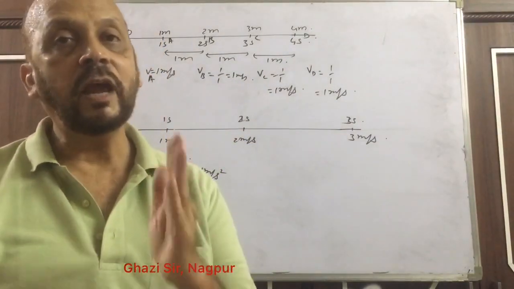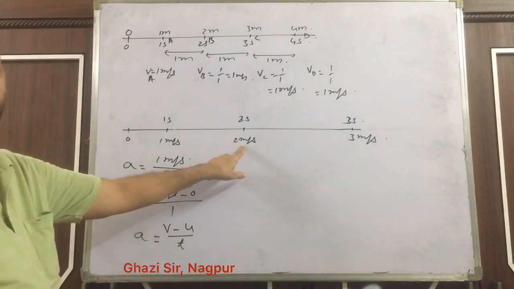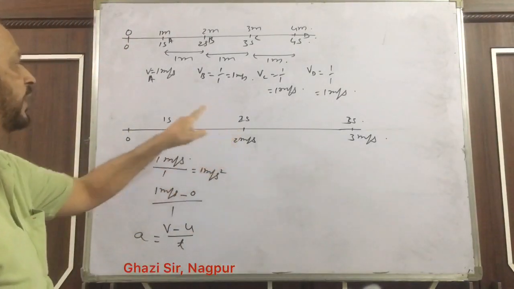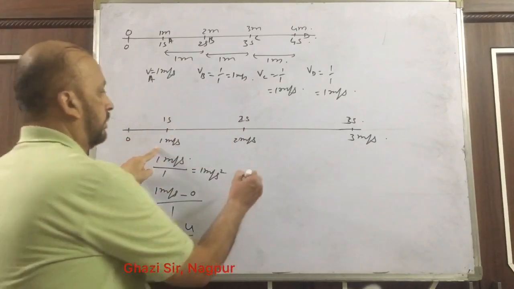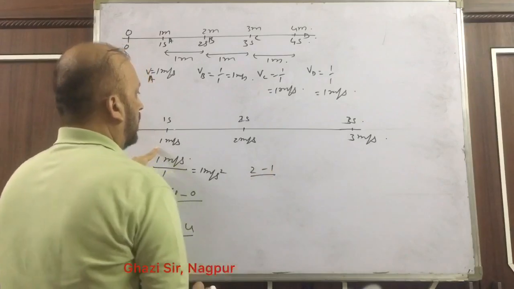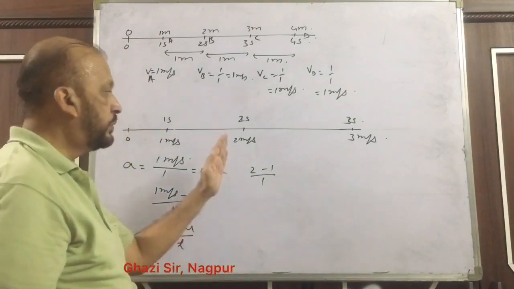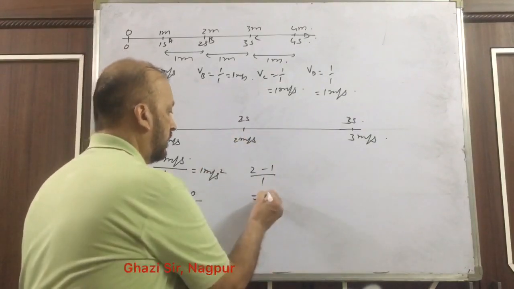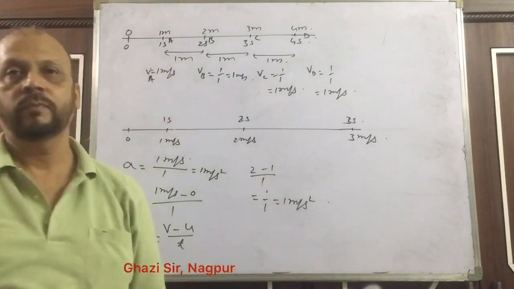So now we are calculating the acceleration at this point. From this point to this point, the speed is changing: 2 minus 1. Time is 2 minus 1, that is again 1. So 2 minus 1 is 1 upon 1, that is again 1 meter per second square.